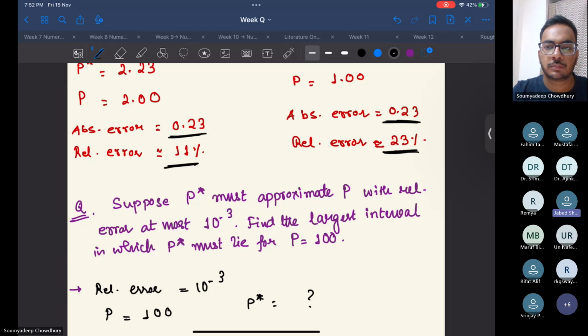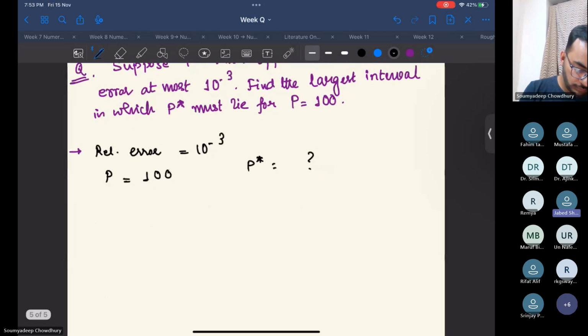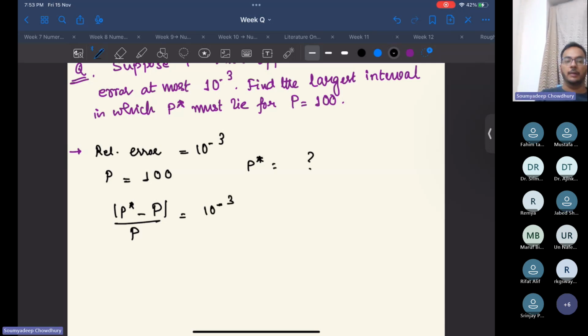So the formula was, I think, P star minus P by P into 100%. Yes, you are correct. But one thing you missed, the modulus is there, right? Yes, sir. So this modulus means that P star can be more than 100 or less than 100.